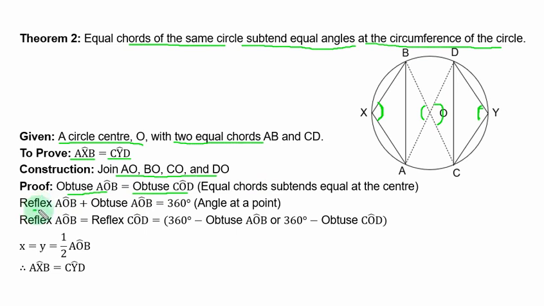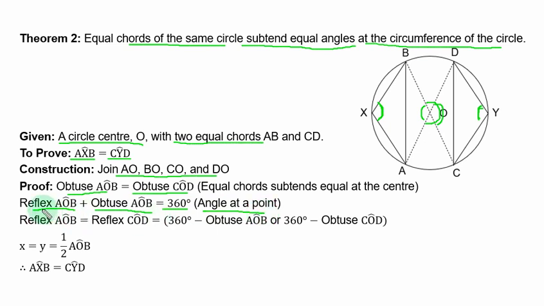Now we have it that reflex angle AOB, that is considering triangle AOB. In that triangle, we have two angles there. The reflex angle, this is the triangle now. So this outer angle is reflex, plus the obtuse angle AOB, the sum is equal to 360 degrees, angles at a point.